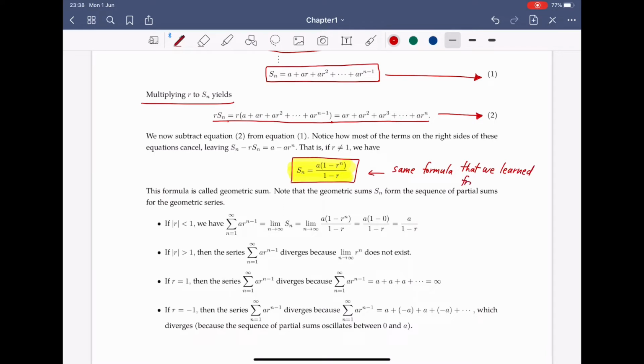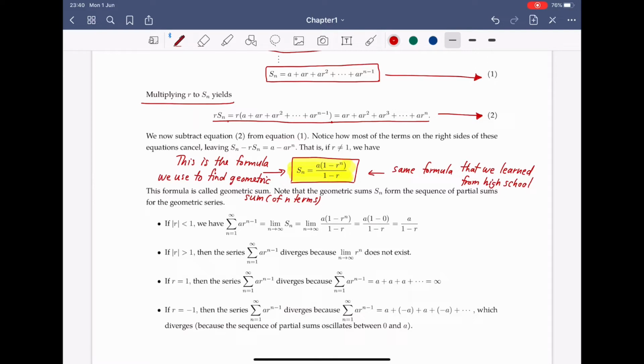This is the formula we use to find the geometric sum of n terms, right?